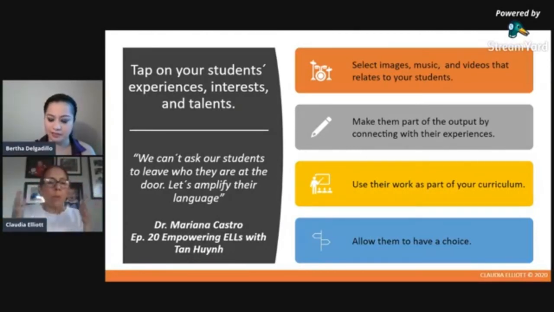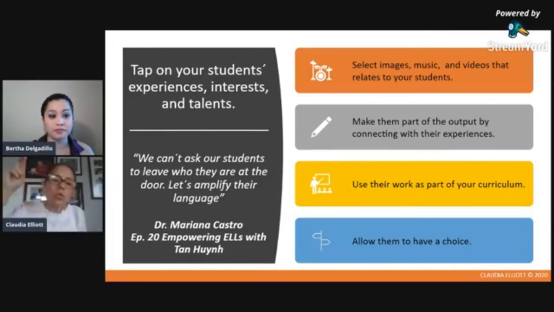This is, for me, super powerful because, again, we go back to what Bertha was talking about, Meredith White, a phrase when we talk about how they may be novice language learners in our class, but they bring tons. They bring a lot of assets in our classroom. They bring experiences, they bring interests, they bring talents, they bring linguistic skills in their native language.